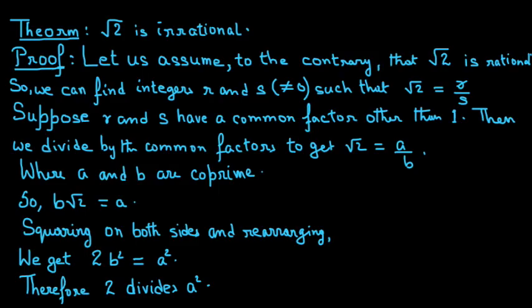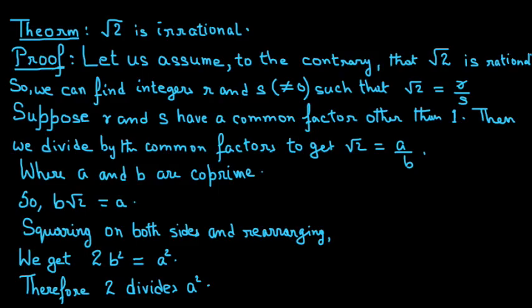Then we divide by the common factor to get root 2 equal to a by b, where a and b are co-prime. So b root 2 is equal to a; squaring both sides, 2b square is equal to a square.